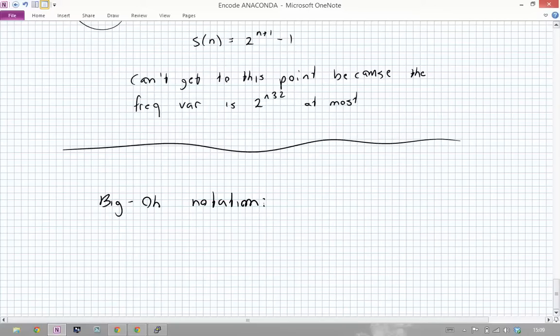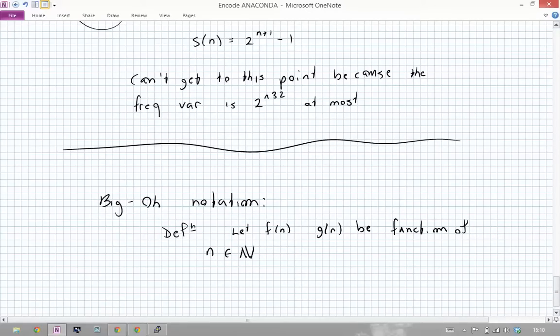Big O notation. So here's a definition. Let f of n and g of n be functions of n, which is a natural number.